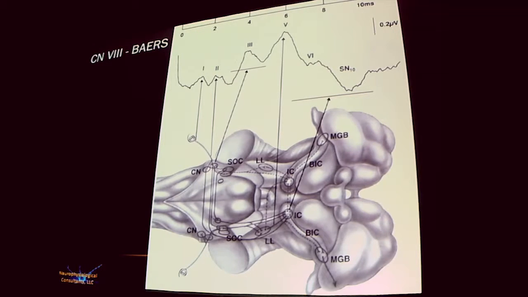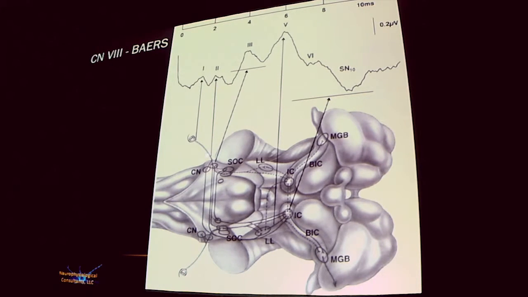Wave 1, and we're kind of looking at a different view of the brainstem here, right? So here's the 8th cranial nerve here. Here's the cochlea. Wave 1 is generated at the 8th nerve, distal 8th nerve.